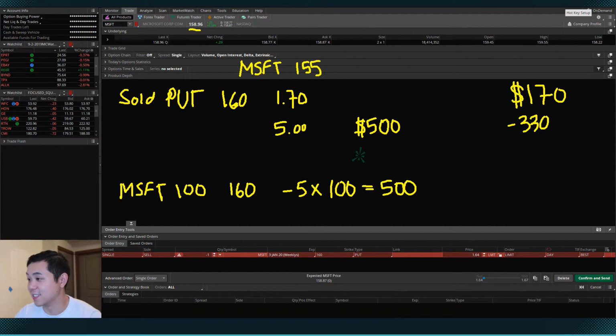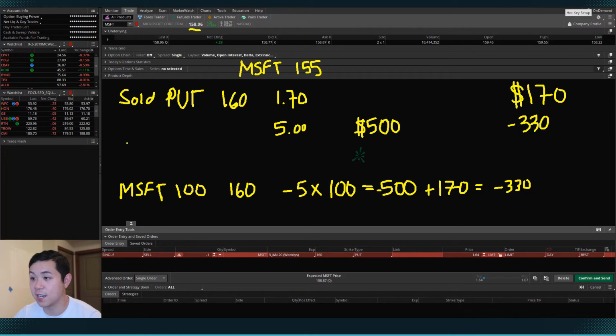Now, this doesn't seem right? When we get assigned, we're down $500, but when we buy back the option, we're only down $330. Well, you also have to remember that since the option was exercised, we no longer have to buy back this option, so it just expires worthless, and we retain this $170. So we will add the $170 that we gained here. This is a minus. And that means that in this case, we also lose $330.